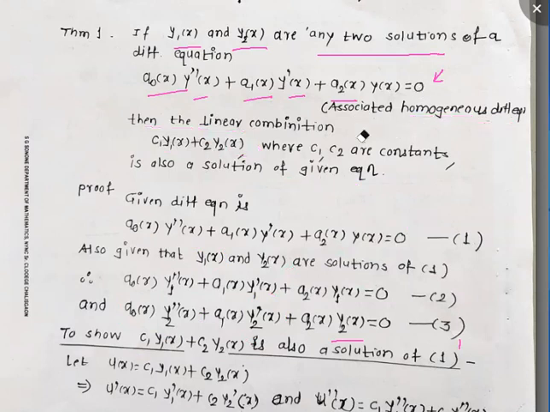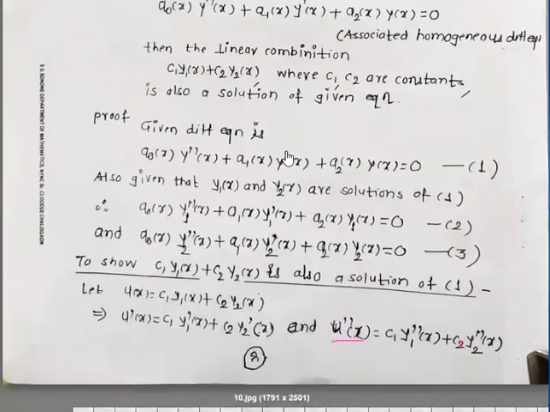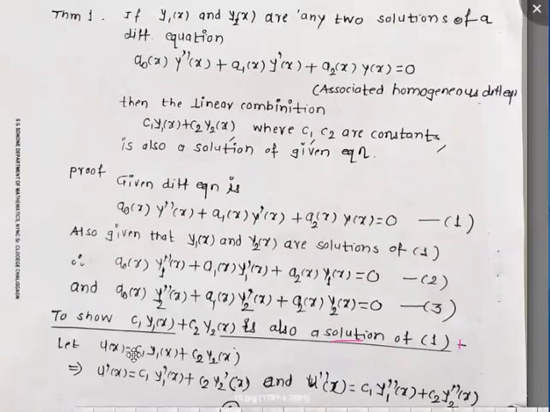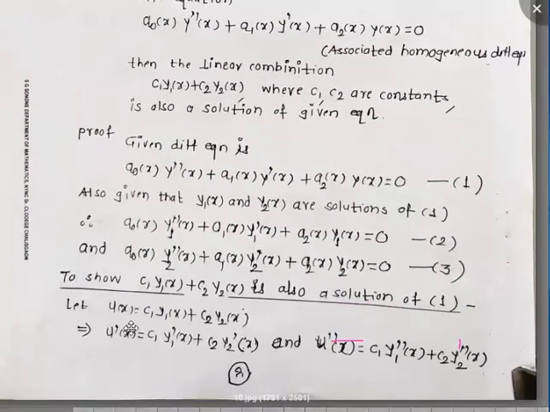Substitute this value in the given differential equation, y = C1 y1 + C2 y2, and see whether it satisfies that equation or not. So let u(x) equal this linear combination C1 y1(x) + C2 y2(x), a linear combination of two solutions y1 and y2, where C1, C2 are constants.